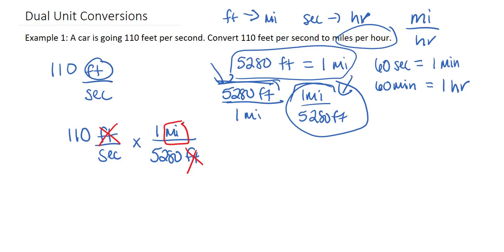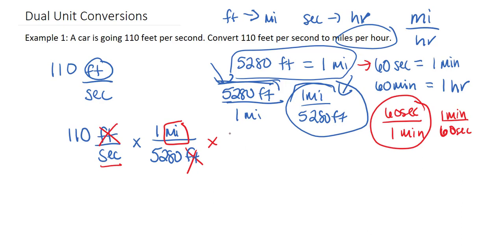Now we need to go over to time. So if we look at time, we have seconds. So we're first probably going to look at this one. So we can either go 60 seconds over 1 minute, or 1 minute over 60 seconds. So we need to use this one, because we need to get rid of these seconds.